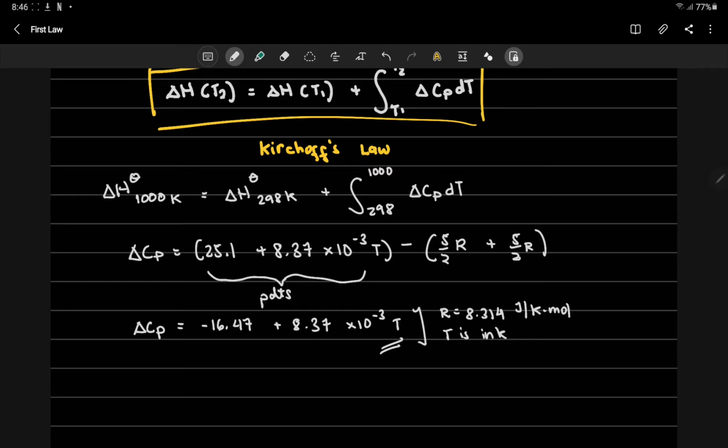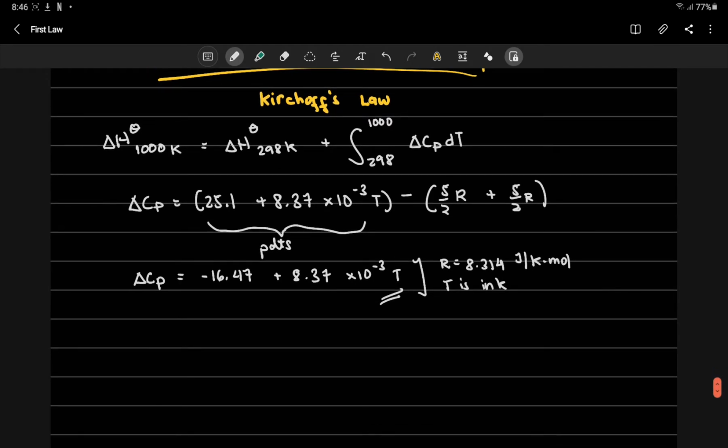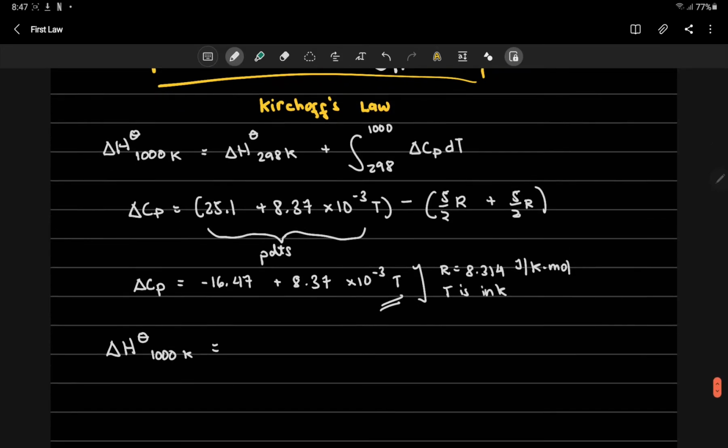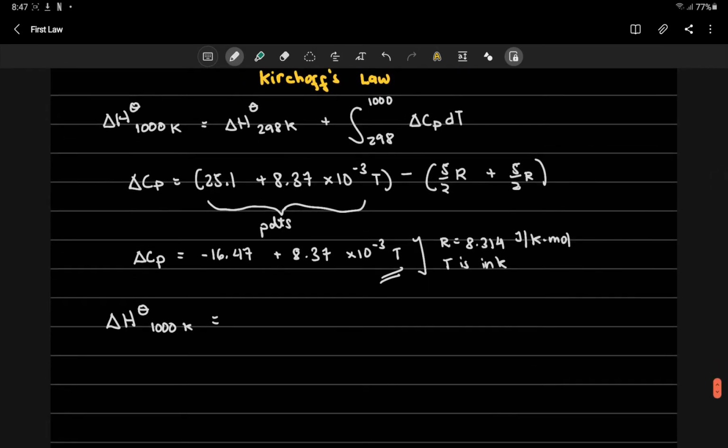Now, we can now plug in that expression or value sa ating equation. So again, we are looking for the enthalpy at 1000 degrees Celsius, or Kelvin rather. So, ano yung enthalpy at 298 Kelvin? Given yan sa problem, negative 366 kilojoules. Gawin nating joules lang.